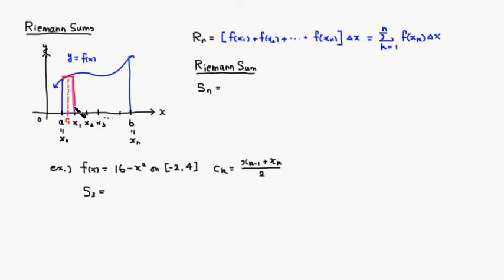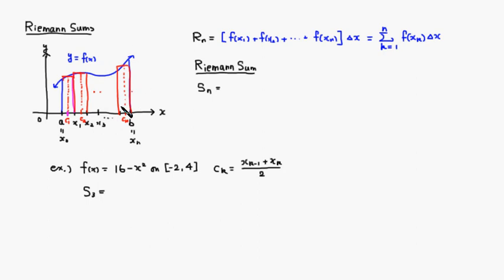So that's going to be our first rectangle. And for any value between x1 and x2, there's going to be c2, and use that value to determine the height of the rectangle. Then you just keep on doing that. The last one would be cn, so that would be a rectangle which looks kind of like this.